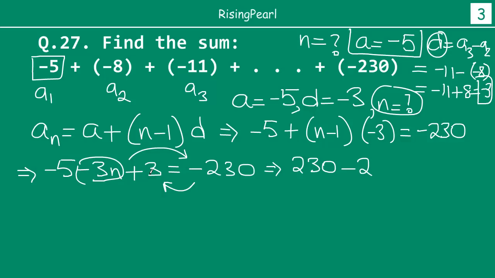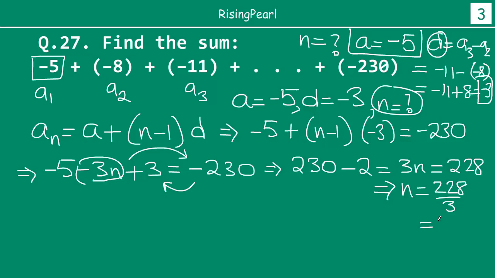Minus 5 plus 3 is minus 2 will be equal to 3n, or 3n is equal to 228, right? Or from here we can find out that n will be equal to 228 divided by 3.